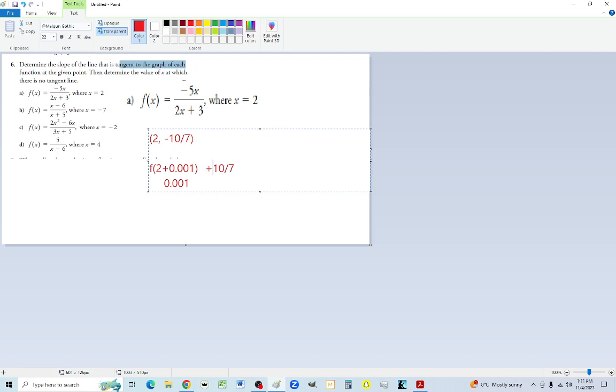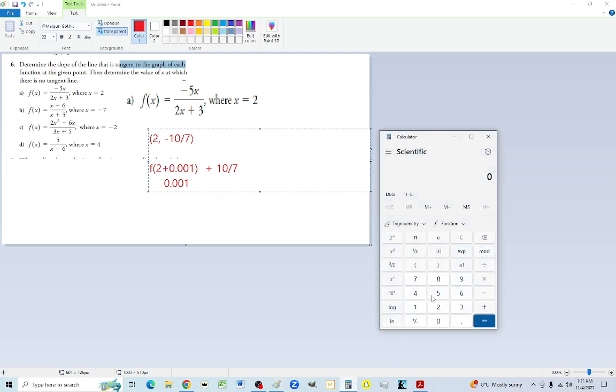I'm not going to convert it to decimals. But we have to find what is f of 2 plus 0.01. In this case, you can punch it in your calculator. Let's do it. So 2.0, and always use the same h that you have at the bottom, right? You can't mix your h's up. So you're doing it with that. It's multiplying negative 5.